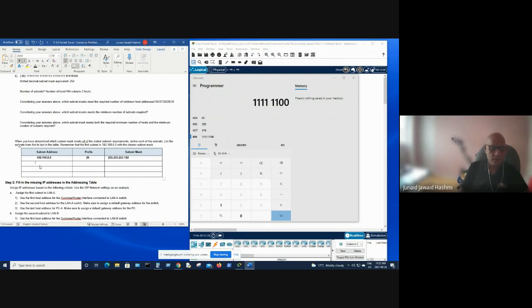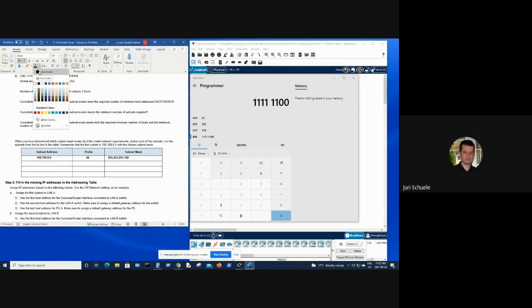The next would be 192. You have to mark the whole document and then select the font of the text, because otherwise you will have to do that every time for every answer. Yeah, exactly like this.